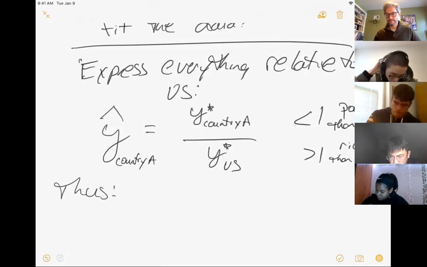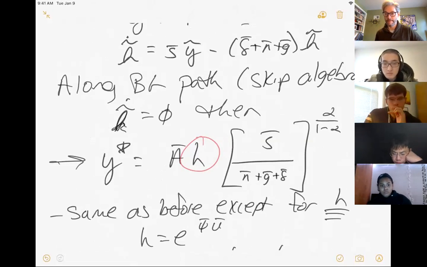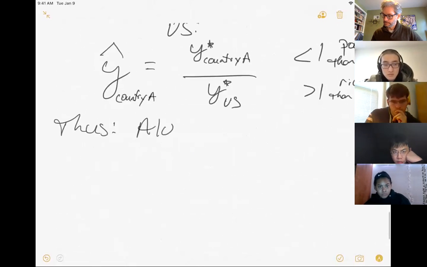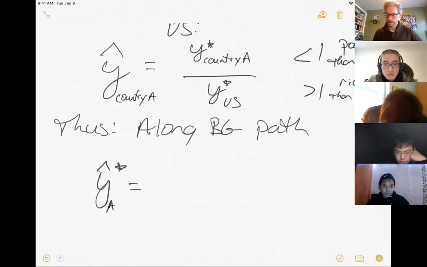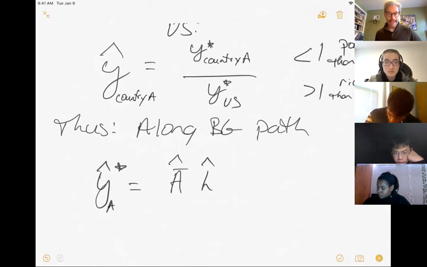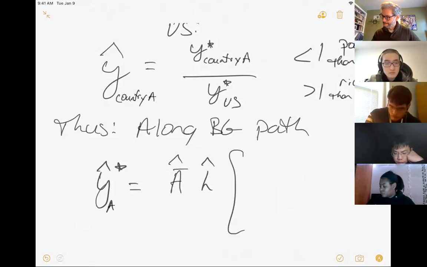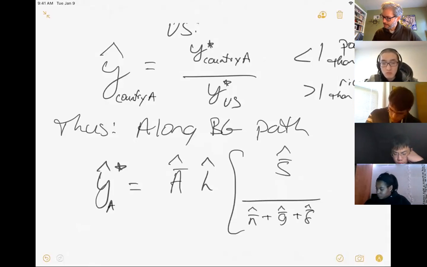Thus, if we go back to the equation that I derived up here, the equation that looks at what per capita output should be along the balanced growth path, we could think about y hat star for country A as just being the differences in A between this country and the US, the differences in H, the differences in S, the differences in N and G and delta between this country and the US, and then alpha and 1 minus alpha.